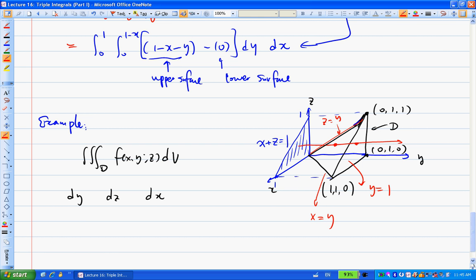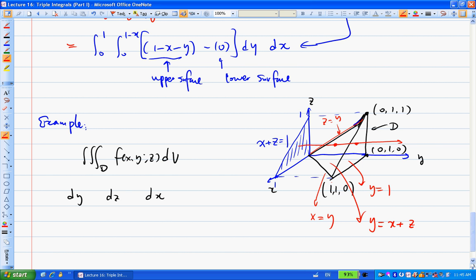The intersection of this plane with the plane y equal to 1 is this line, which is x plus z equal to 1. So you have the intersection of the plane with three different things, and when you have that, you can nail down the plane equation. So this plane here is y equal to x plus z.